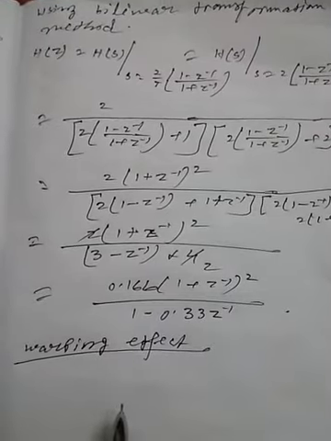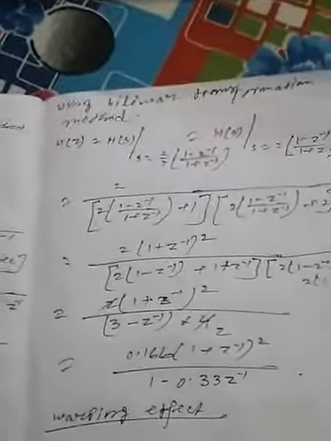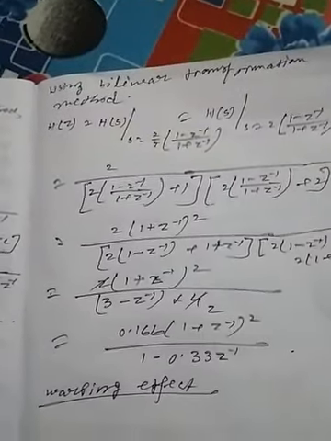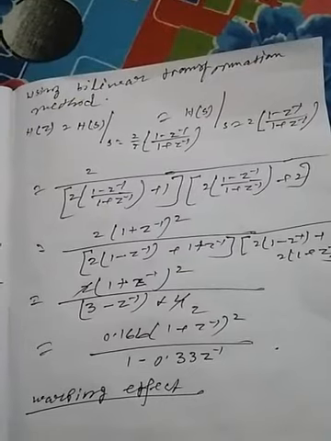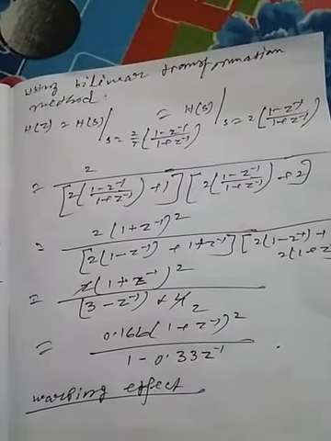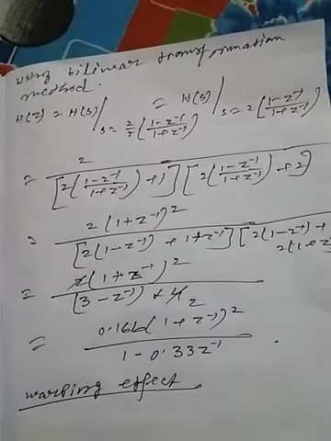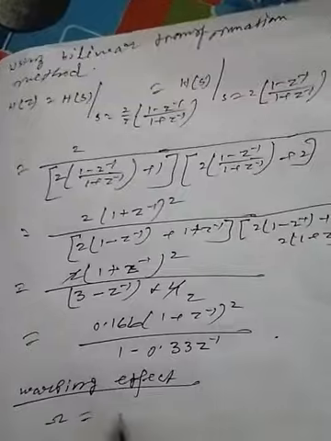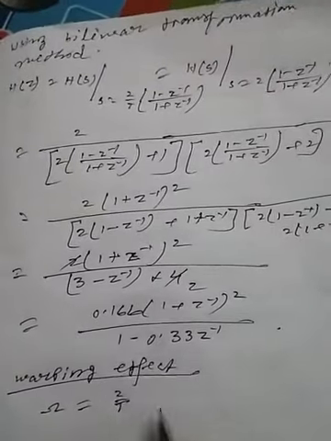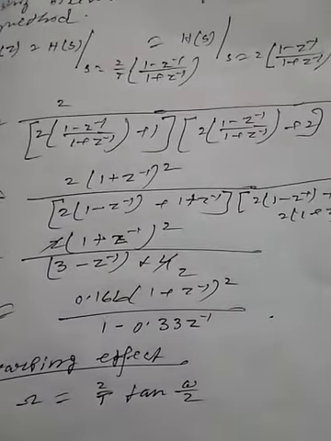When we design a digital filter using the bilinear transformation method, the first step is pre-warping the frequency. We convert the frequency from digital domain to analog domain using this formula, capital omega equal to 2 by T tan small omega by 2.